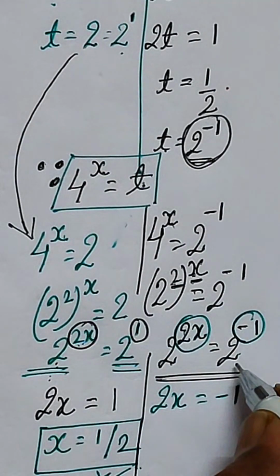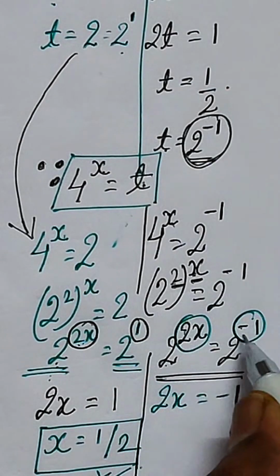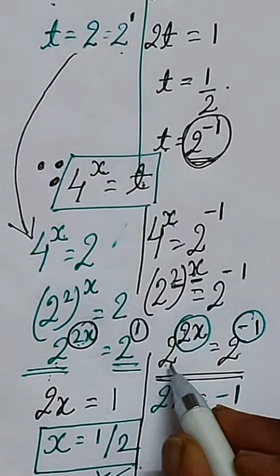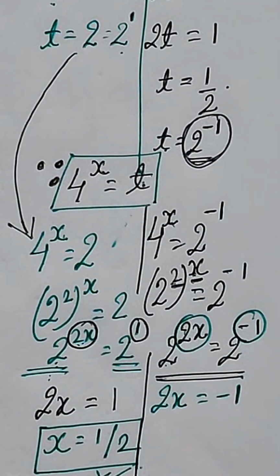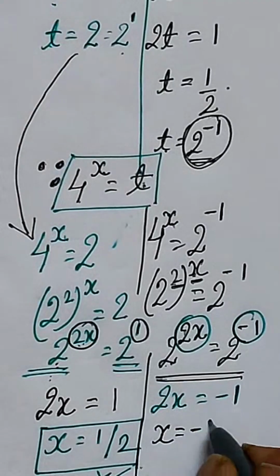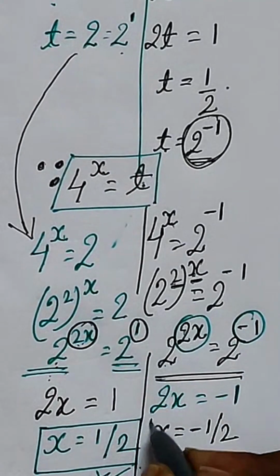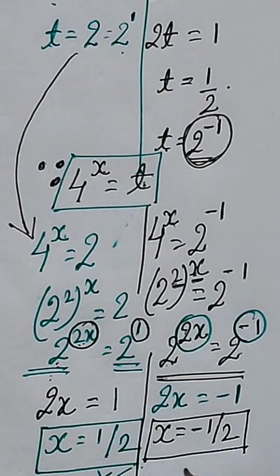There is only one term on the LHS and one on the RHS. So this will give you the value of x as minus 1 by 2. So we arrived at the second value of x.